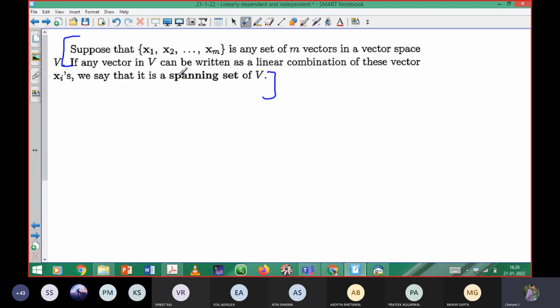If it can be written as a linear combination, then you can state that the given set is a spanning set. You can find some number of sets, which will be discussed as problems in the next session. This spanning concept will come under the major topic, that is basis, which will be discussed in detail in the next session.